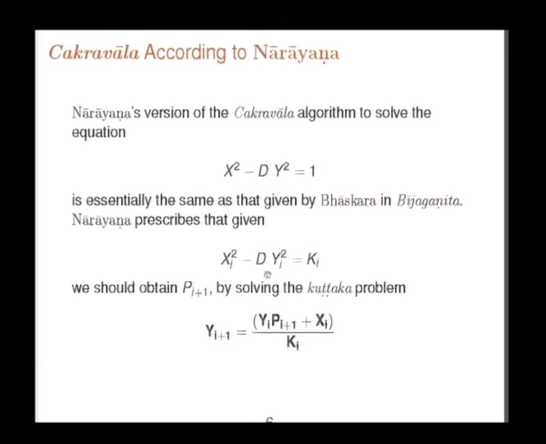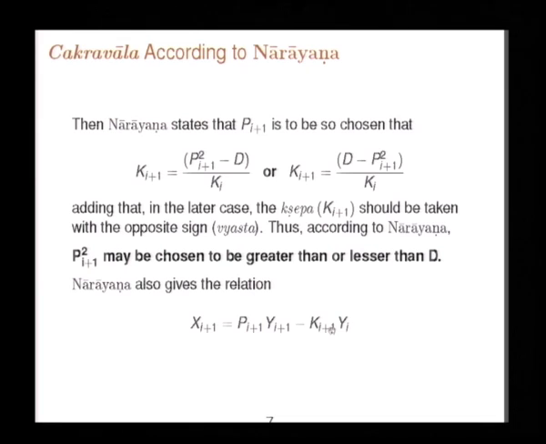In the step x_i squared minus d y_i squared equals k_i, you want to obtain p_{i+1}. You obtain p_{i+1} by solving the Kuttaka problem: y_{i+1} equals (y_i p_{i+1} plus x_i) by k_i. So, p_{i+1} and y_{i+1} are not known; y_i, x_i and k_i are already known integers. So, there are 2 unknowns, it is a standard Kuttaka problem.